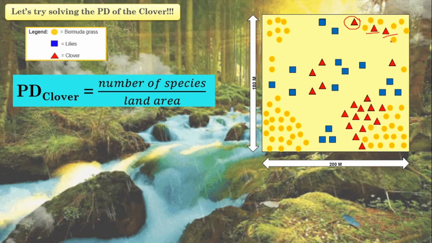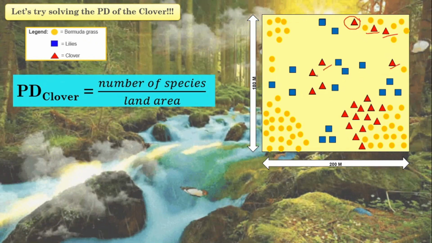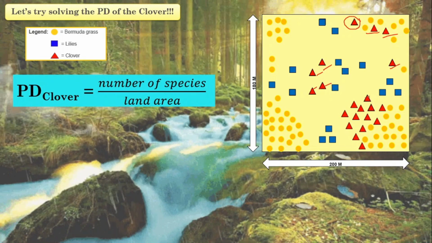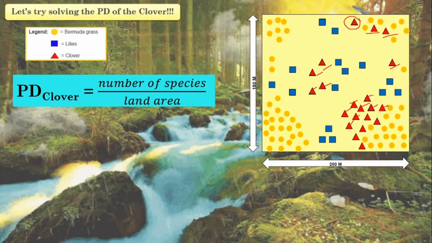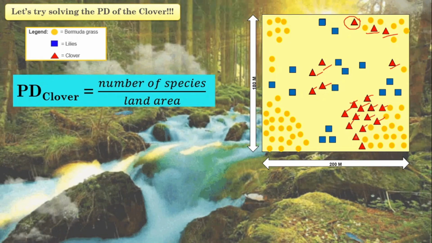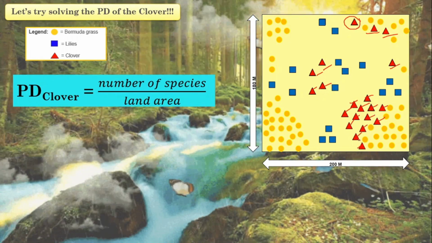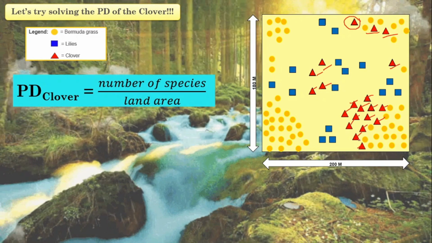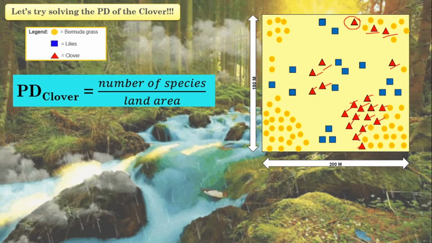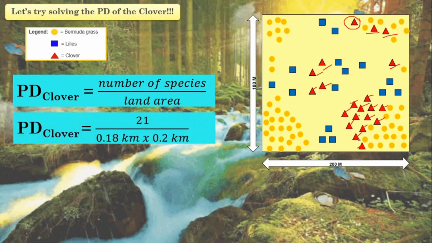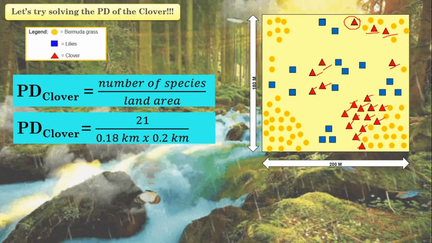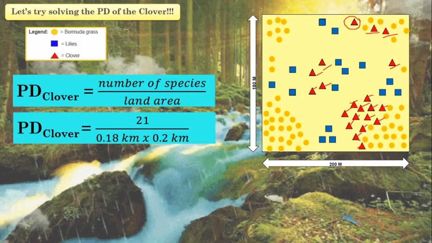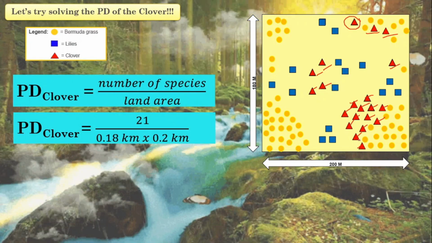1, 2, 3, 4, 5, 6, 7, 8, 9, 10, 11, 12, 13, 14, 15, 16, 17, 18, 19, 20, 21. And we have 21 species. Then the land area is 0.18 kilometers times 0.2 kilometers.